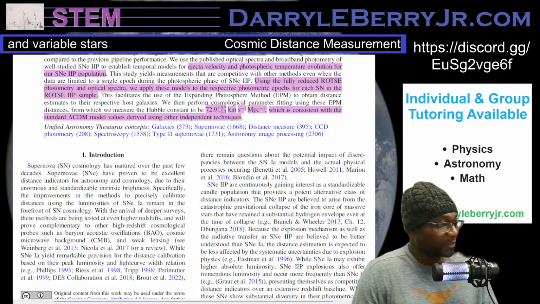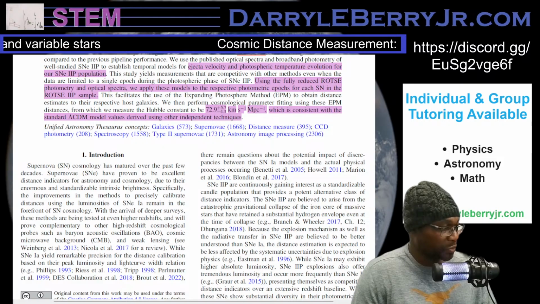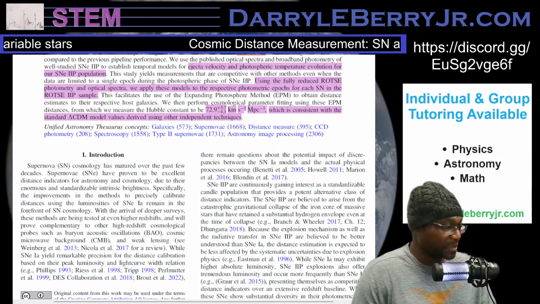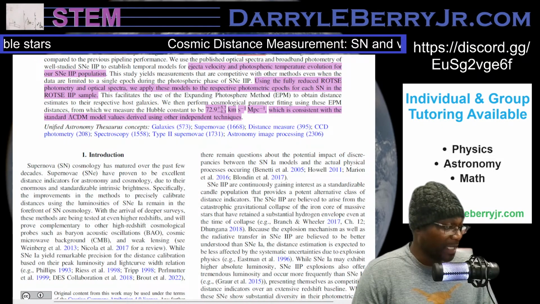Supernovae have proven to be excellent distance indicators for astronomy and cosmology due to their enormous and standardizable intrinsic brightness. Specifically, the improvements in the methods to precisely calibrate distances using the luminosities of supernova type 1a remain in the forefront of supernova cosmology.